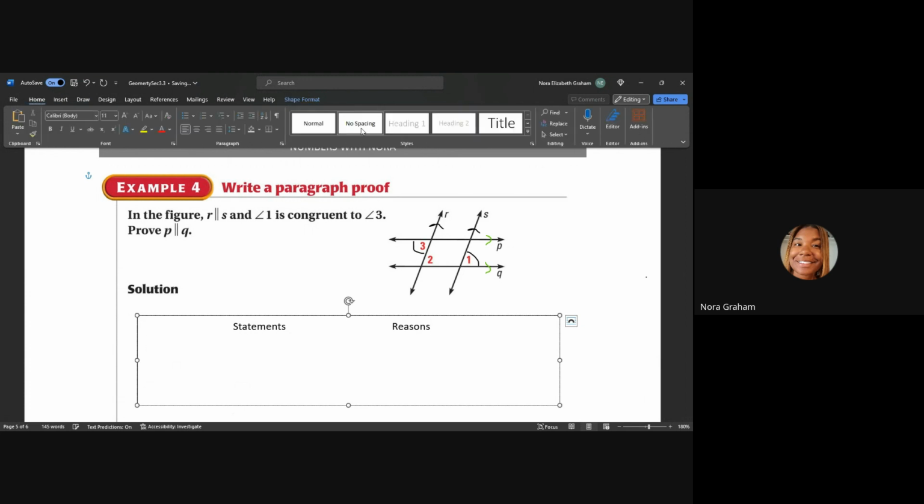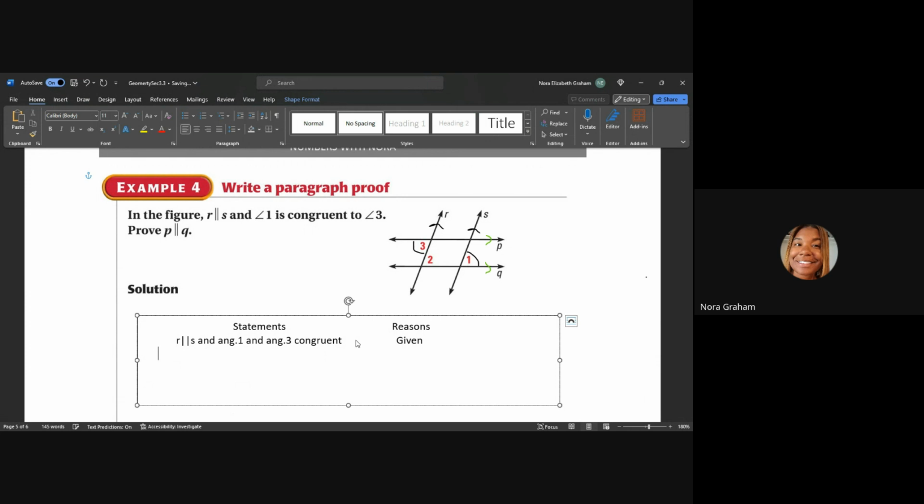Our first statement: we know that R is parallel to S, and it's given that angle 1 and angle 3 are congruent. You can write it with the congruent symbol if you want; it's just not letting me write it right here. And that reason is given.